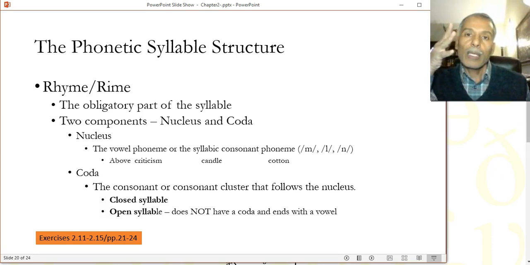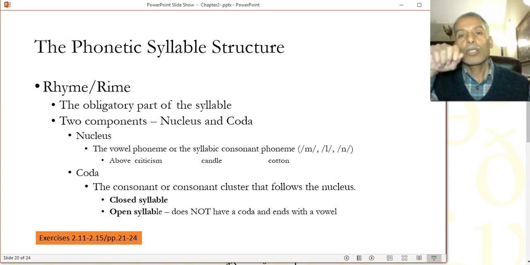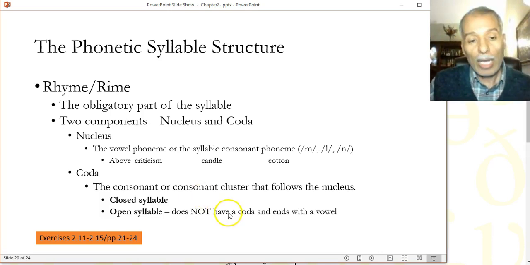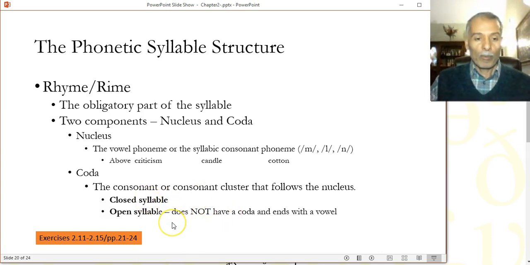So that sa is an open syllable, and then ra is also an open syllable. So these are two syllables, both of them are open because they do not have a coda. And if they do, they will be closed syllables.